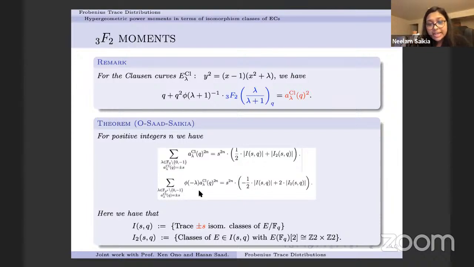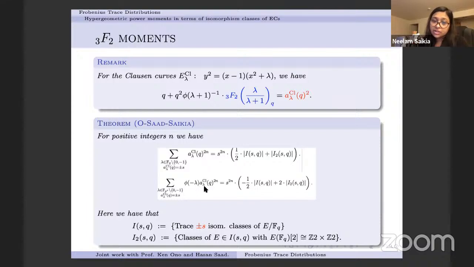Similarly, in the second sum we consider the same sum but weighted by this phi of minus lambda. Phi of minus lambda is a kind of Legendre symbol. It is 1 whenever minus lambda is a square, and otherwise it is -1.